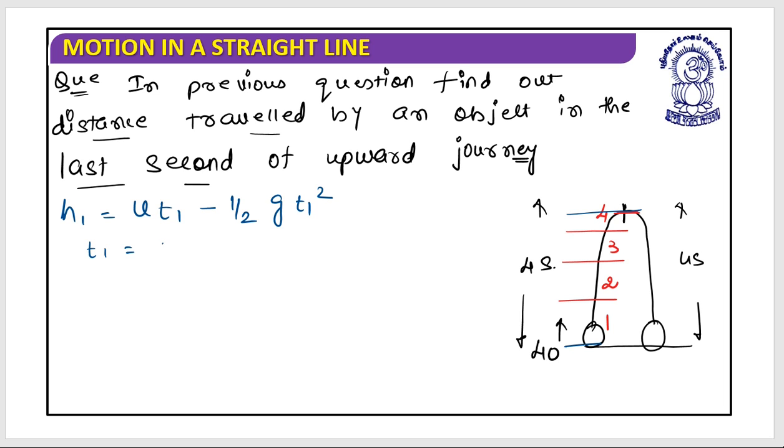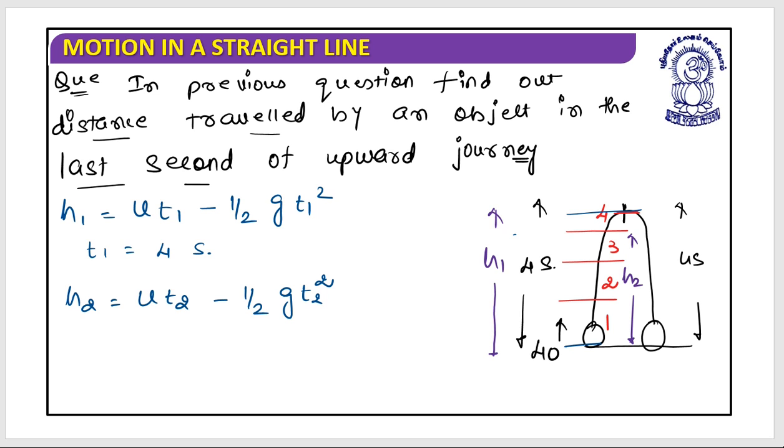So t1 would be equal to 4 seconds. Second, you are going to do h2 equals u t2 minus half into g into t2 square. With t2, you are going to find this distance. Let me show you that this is your h2 and this was your h1.